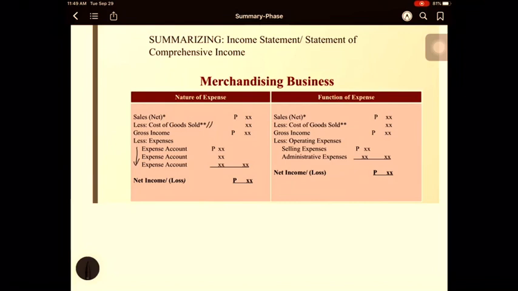Your cost of goods sold is not really an expense, rather it is just reflecting the total amount of the cost of the products that we were able to sell to our customers, so how much these particular products originally cost. And that will basically be reflected as cost of goods sold.